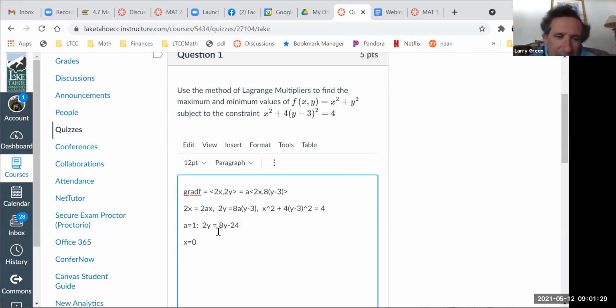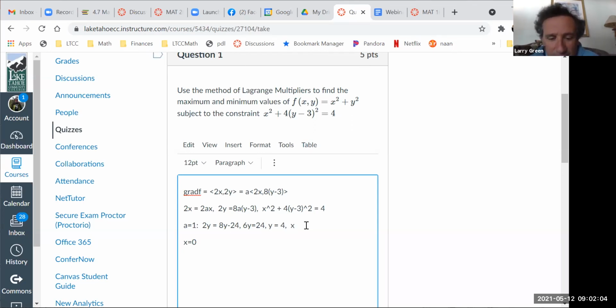Okay, and then let me just subtract 2y and add 24 and move them over. That gives us 6y equals 24. So what's y? Not a hard question. Yeah, y is 4. So y equals 4. All right, so now we use the third equation to get x.